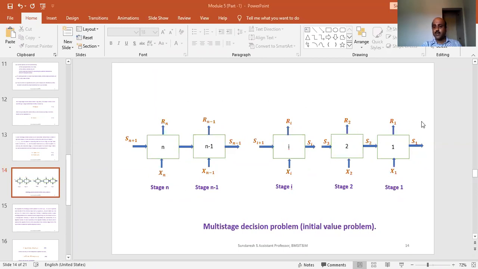You can see Sn plus 1, Sn minus 1, Si plus 1, Si, S3, S2, S1: if it is the input to one stage, the output of that will be the input to the next stage. So this is how we connect each stage serially, and hence it is called a serial or multi-stage decision programming problem. This is the block diagram representing a multi-stage decision problem.